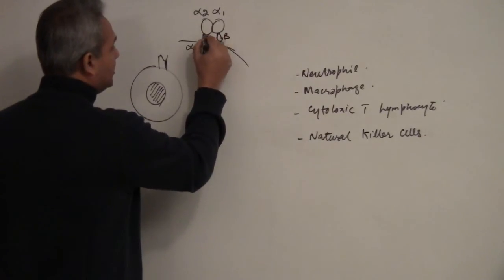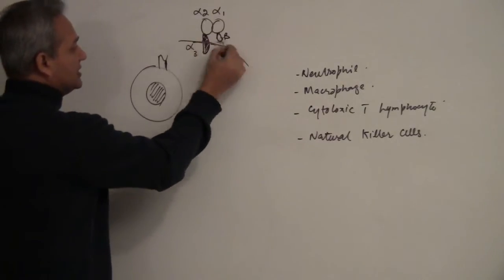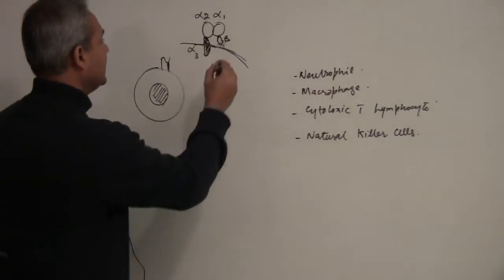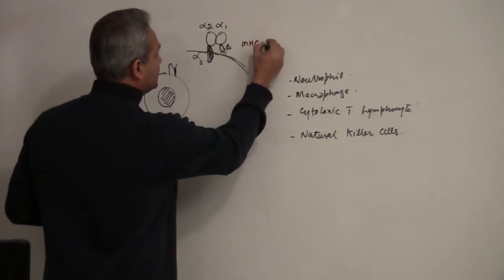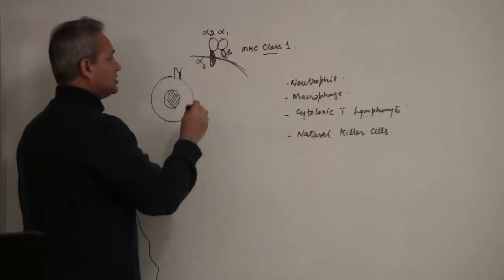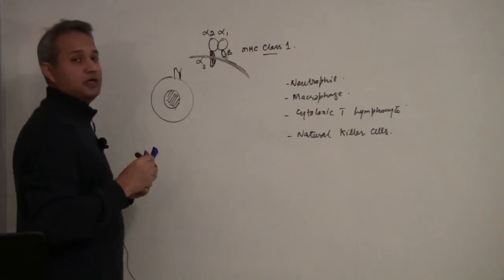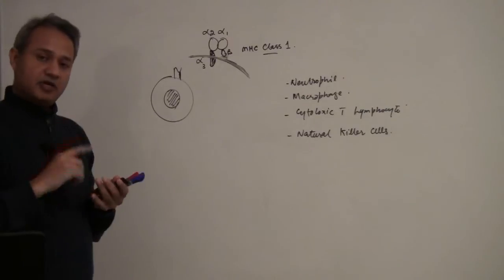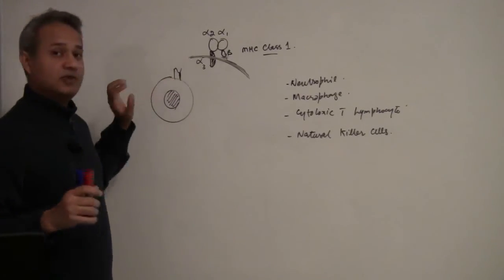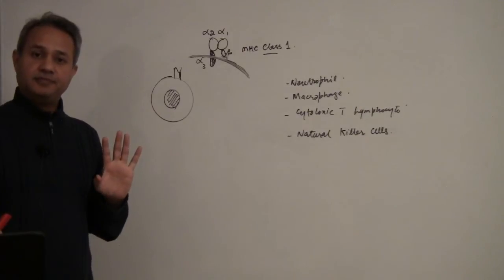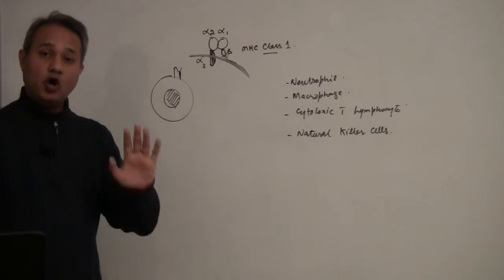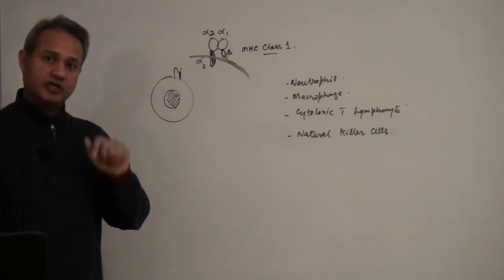The alpha 3 portion is the one which is attached to the cell membrane. So this is an MHC class 1 molecule attached to the cell membrane. Number one, all nucleated cells exhibit MHC class 1 molecules on their surface. That is true for all healthy nucleated cells.